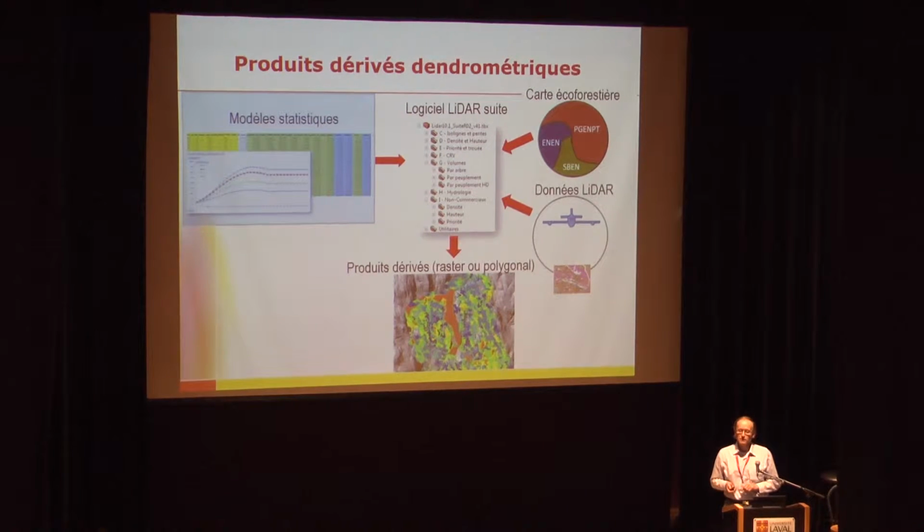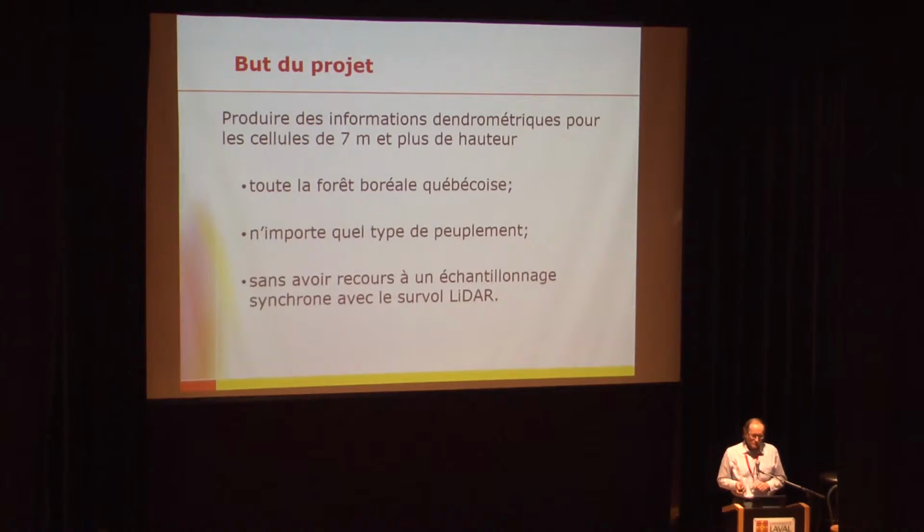So that gives you an information base, and when we come up to prepare the mapping, we will already have some information about volume. All that information is based on what we get with the LiDAR data and with the mapping data coming from the forest map.